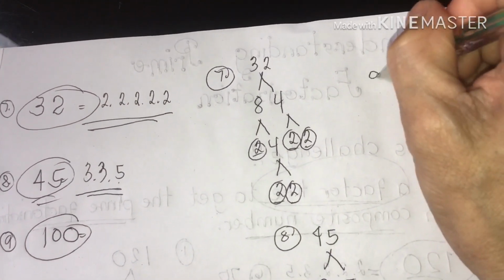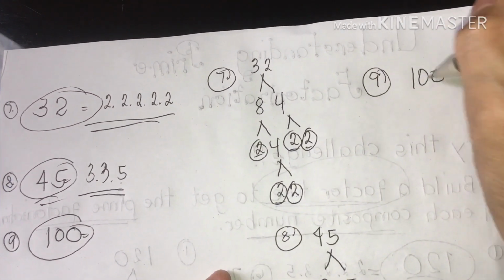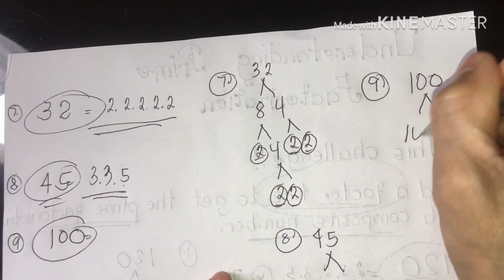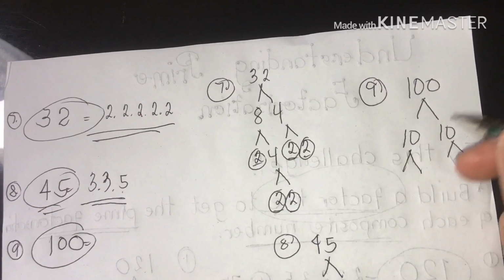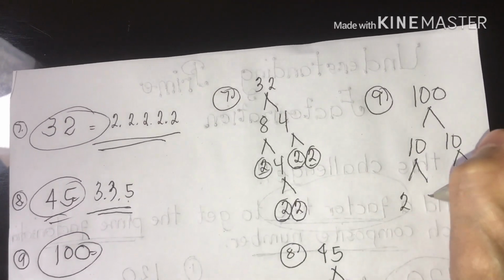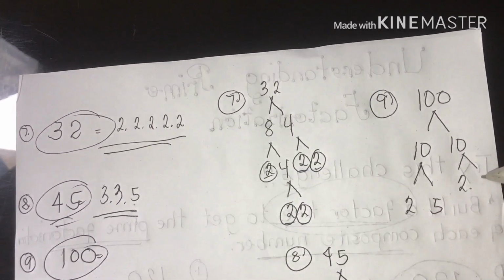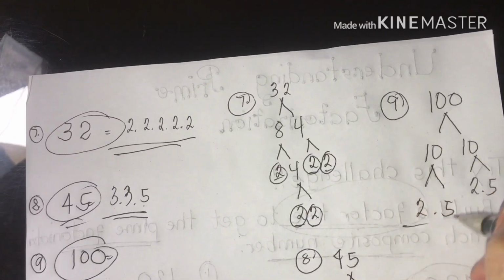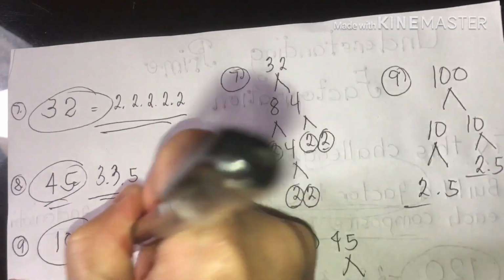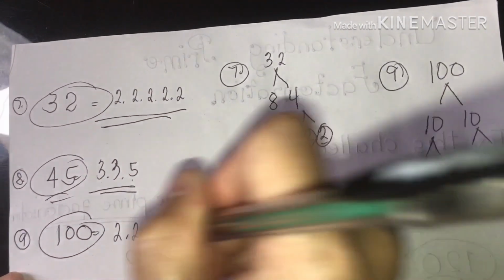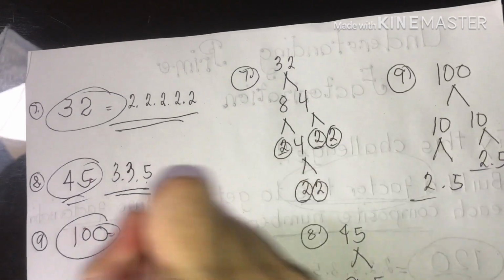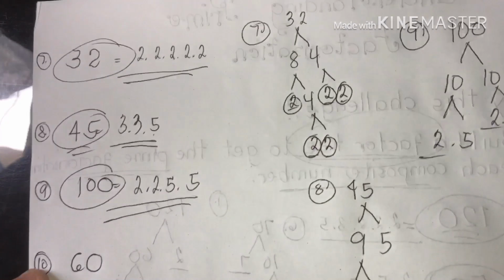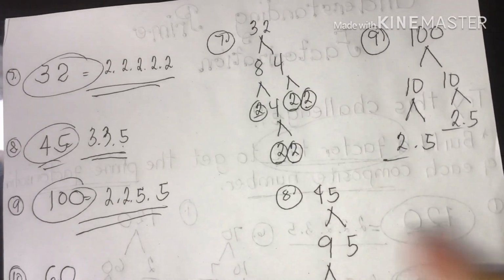This is number 9. We're going to factor 100: 10 times 10 is 100. Next, factor the two 10's: 2 times 5 and 2 times 5. Okay, we're going to write first 2, 2, next 5, 5. And this is the right factorization of 100.